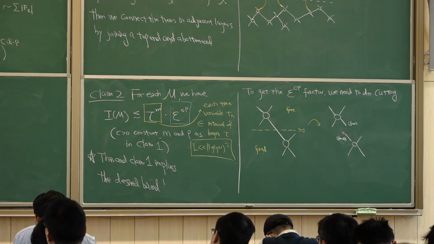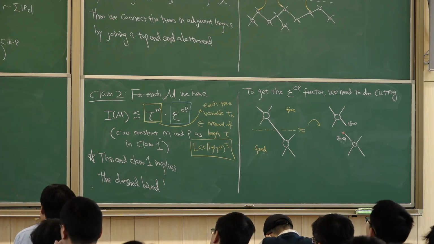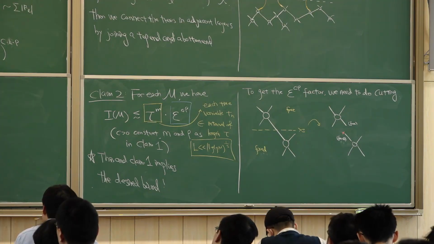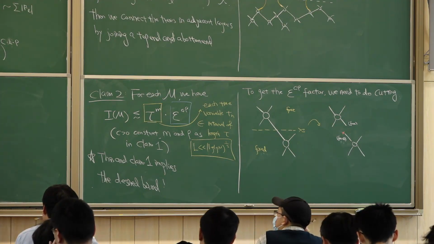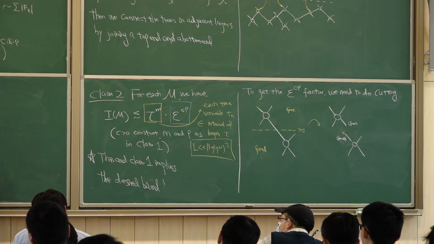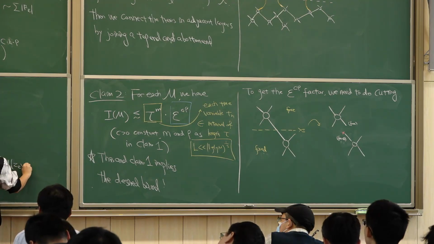Then what we do is write the full integral in terms of iterated integrals. So this is equal to the integral of the product of dZ_e variables in M1, and then the product of dZ_e variables in M2.